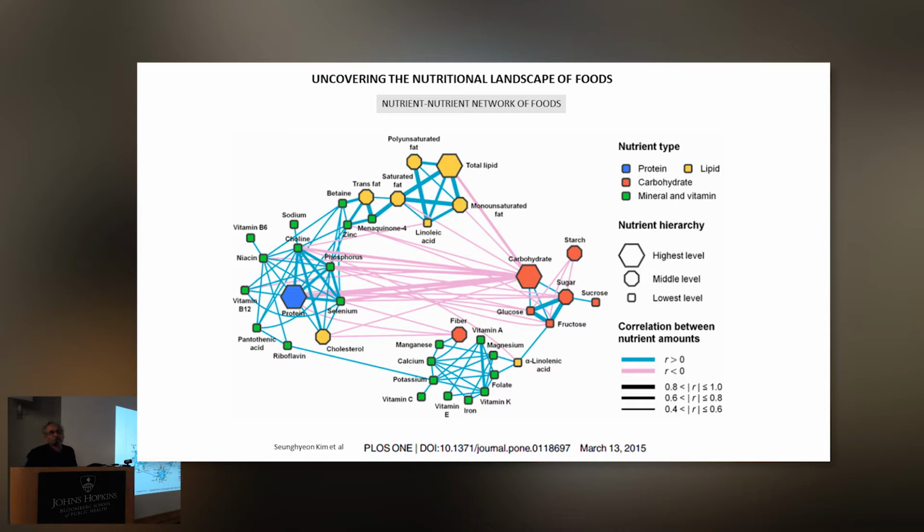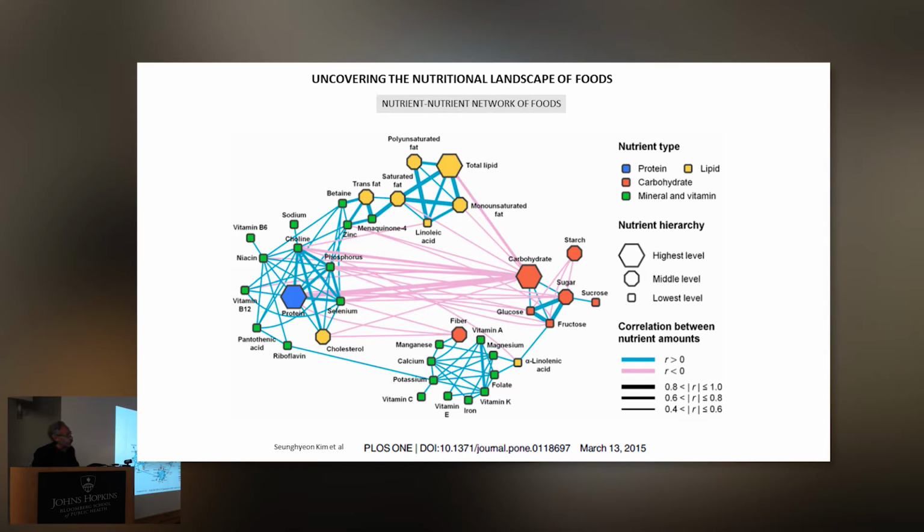He's actually not a biologist, or his group are not biologists and nutritionists, but really he is a physicist, if I recall correctly, with great skills in data analysis. And what they put together here is a network analysis of the nutrients in foods and how they tend to be related with each other.